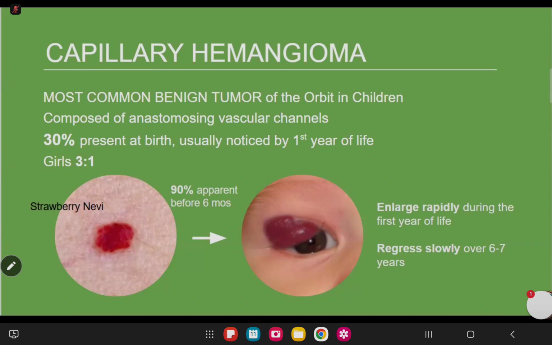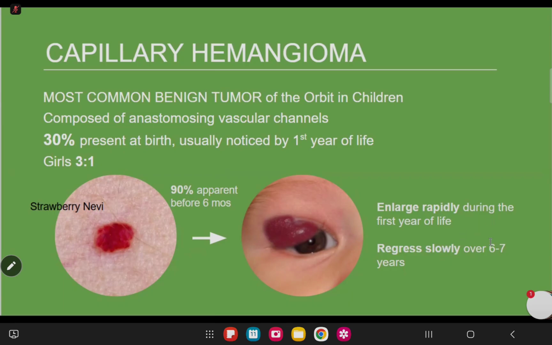Sorry. So it could also be described as a strawberry nevus, because of how you see the lesion, it looks like a strawberry, so we call this strawberry nevus. 90% are apparent before age 6 months, and some enlarge rapidly during the first year of life.